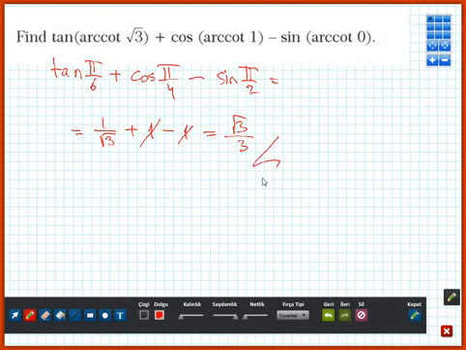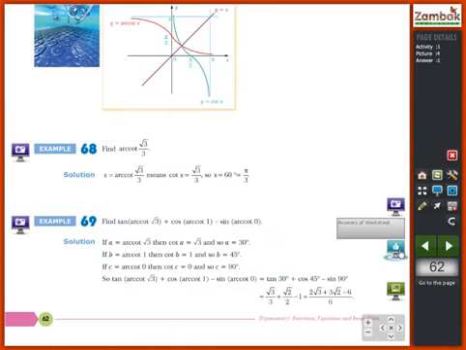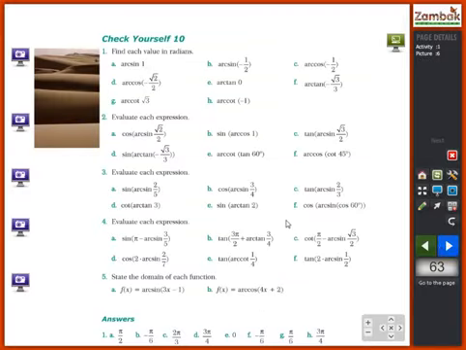I think this one was clear and easy. In the lesson we are going to solve more examples to understand better. We may solve all of these examples from check yourself, so you will understand better. Okay, see you in the next videos.